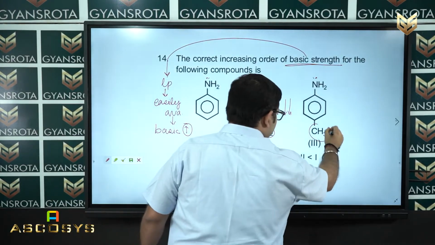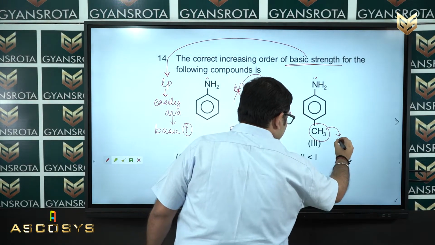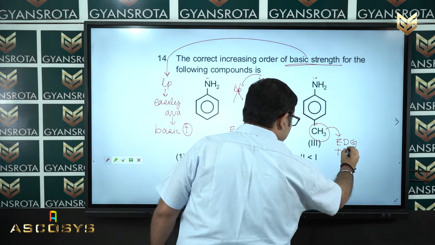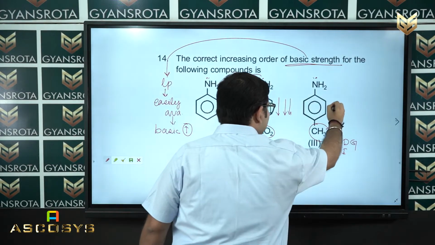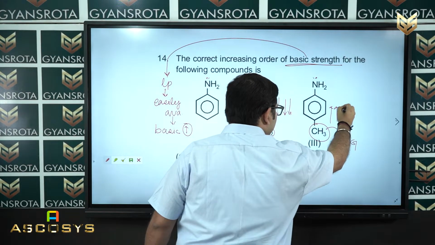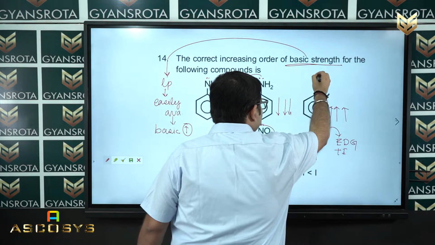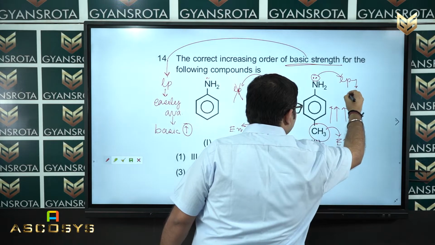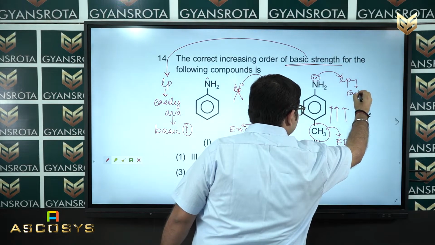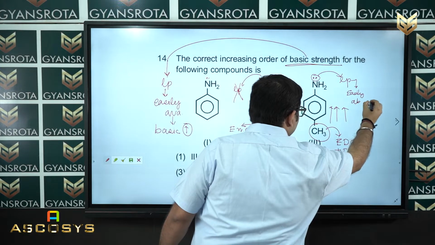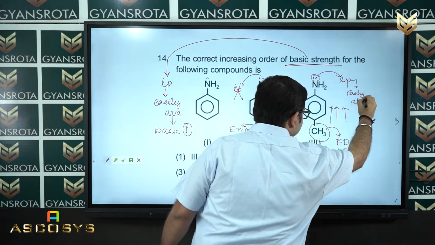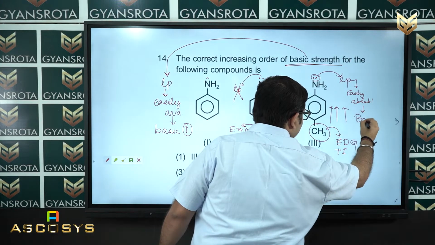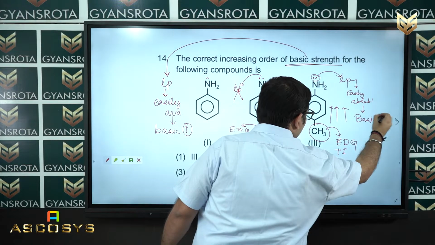But in this case, if you see, this CH3 group is your electron donating group, or you can say plus I group. So, what will happen? They give the electrons towards the ring. As a result, these lone pairs are easily available, and when they are easily available, your basic character will be more.